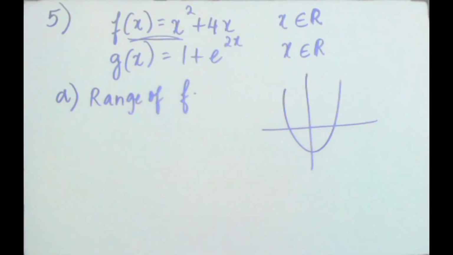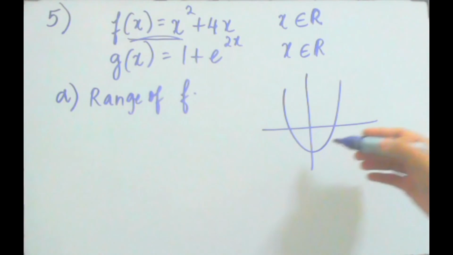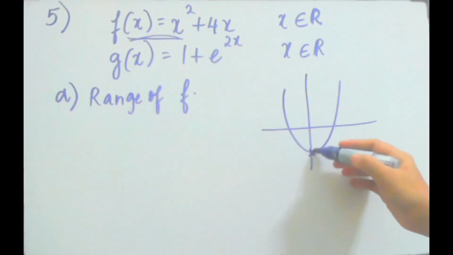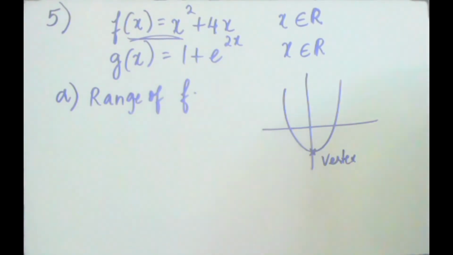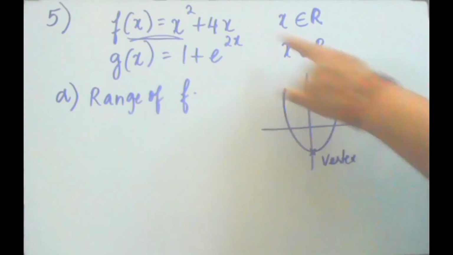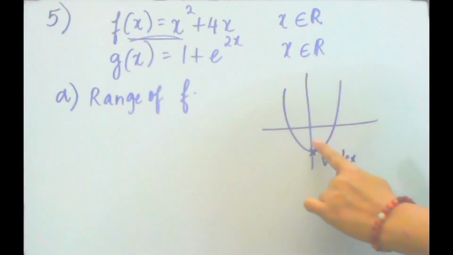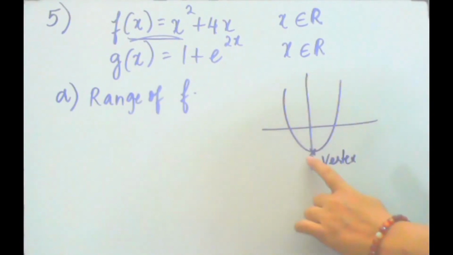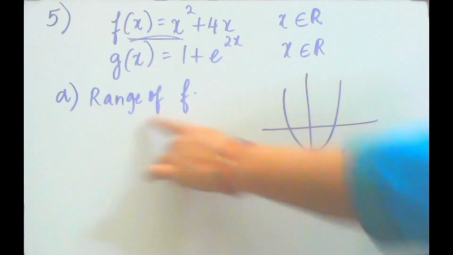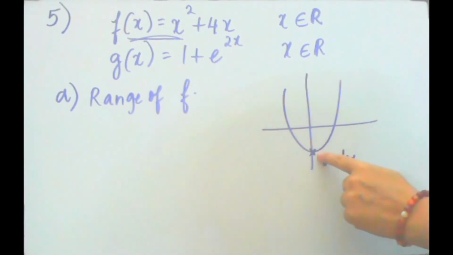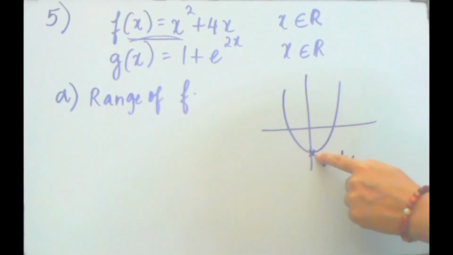So we find that there is a minimum value, which we call the vertex. The f of x value, which is the value on the y-axis, is above this minimum value. So we can get the range of f by first getting the minimum value of f.